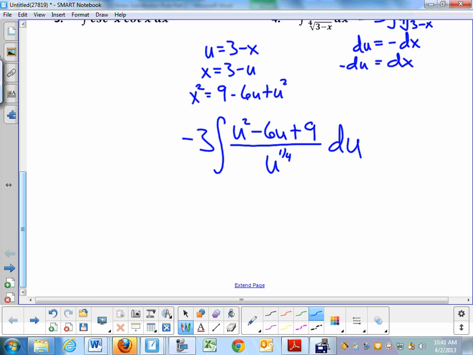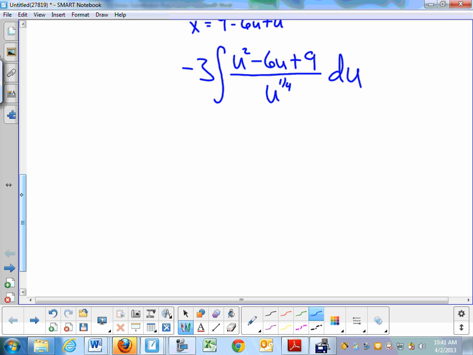So if we have a u to the 1/4 on the bottom, what should we do? Divide everything by u to the 1/4. Sure.